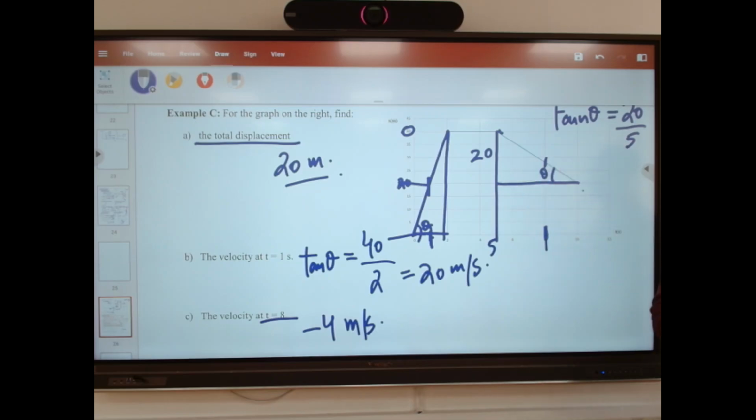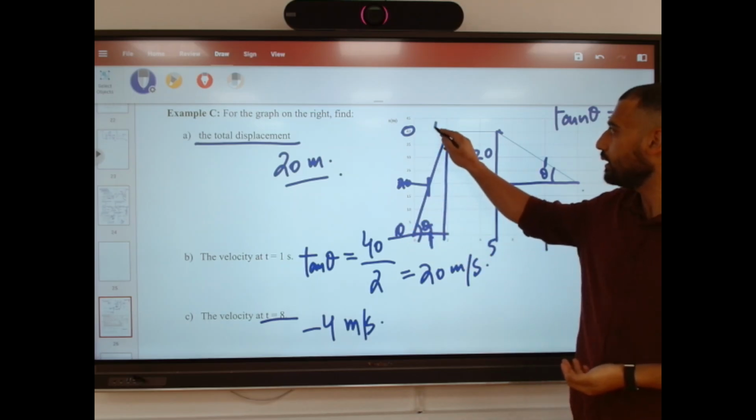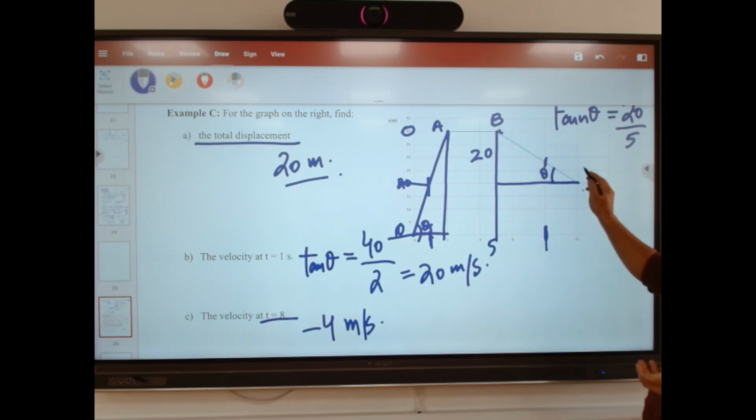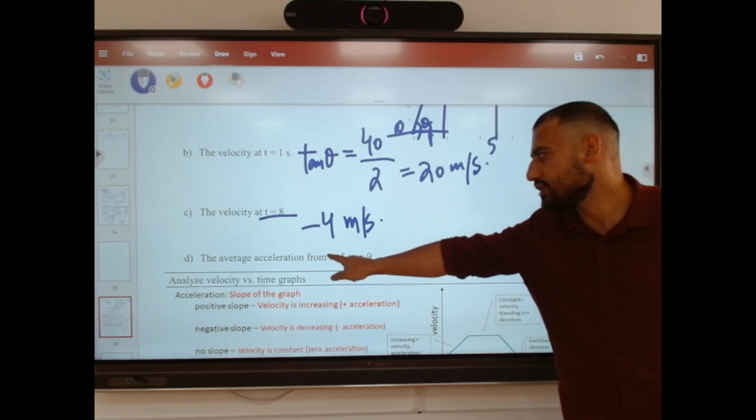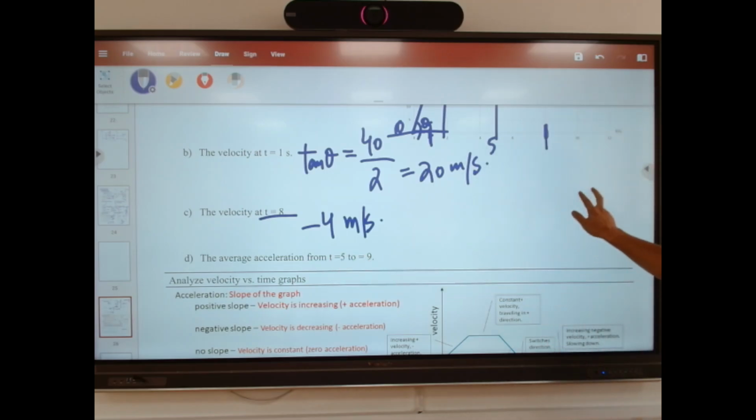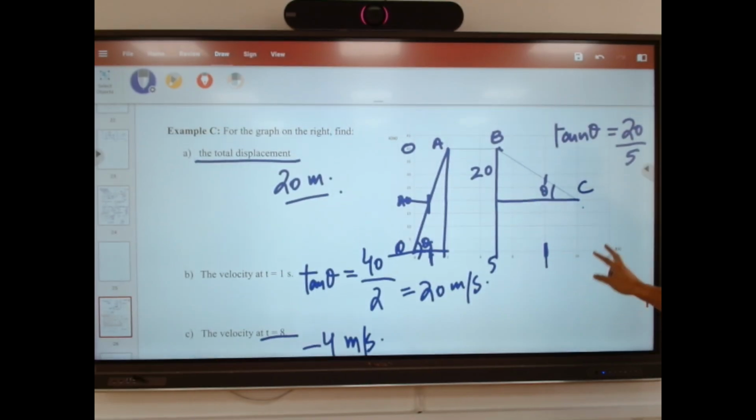When is the velocity 0? If I name this O, A, B, C, from A to B, exactly. Is that fine? Yes. Very good. The average acceleration from 5 to 9. What is the acceleration?